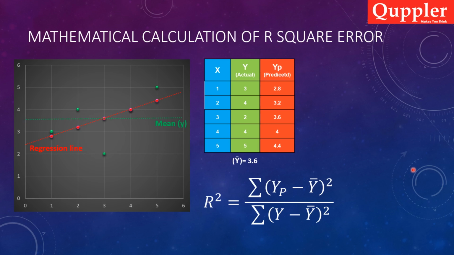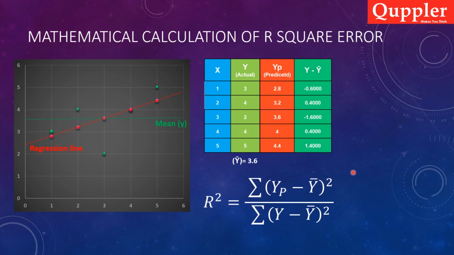Now we put that in the formula, first calculating y minus y bar and yp minus y bar. For y minus y bar, against each data cell, for example 3 minus 3.6 is minus 0.6.